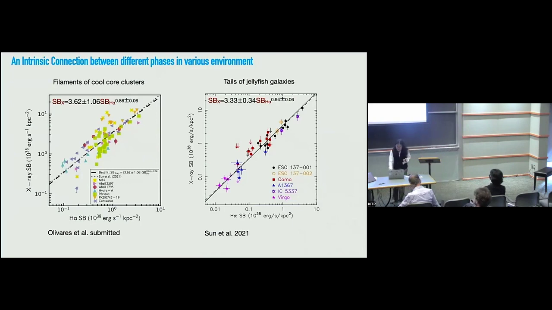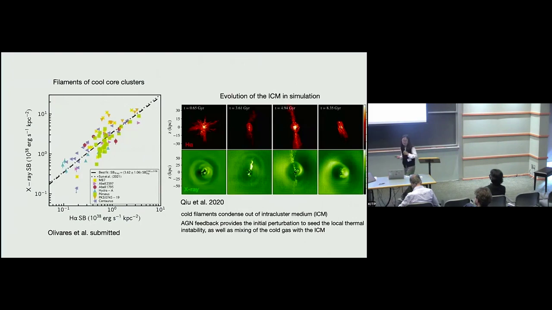We found a very insightful simulation. The top one is the H-alpha emission and the bottom is X-ray, for cool core clusters at different stages. They do not always correlate, but at some epochs they show a very strong correlation.